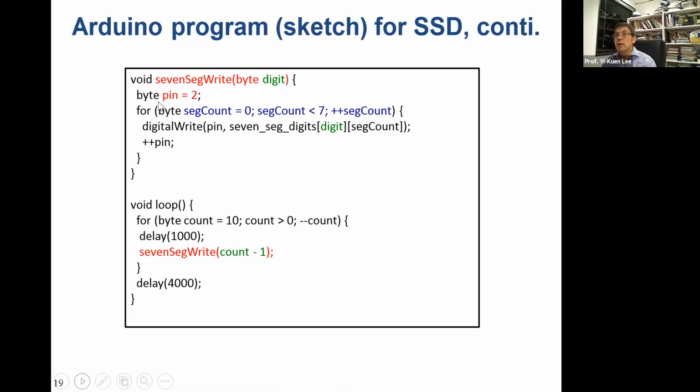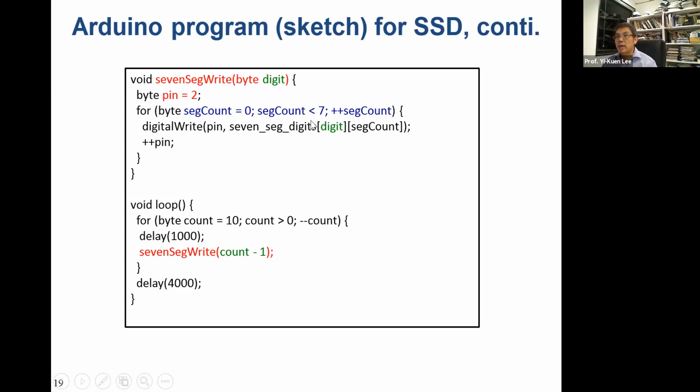Then here we define an additional subroutine, seven-segment write, with one input parameter, digit. This digit means, for our LED, we want to output from the digit 0 to 9, 1, 2, 3, 4, 5, 6, 7, 9.